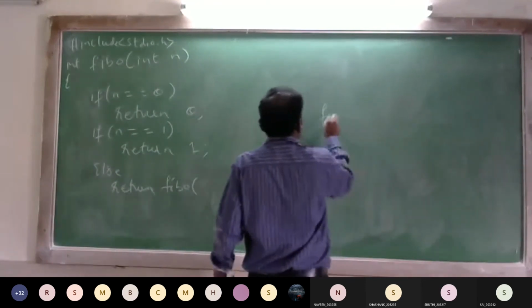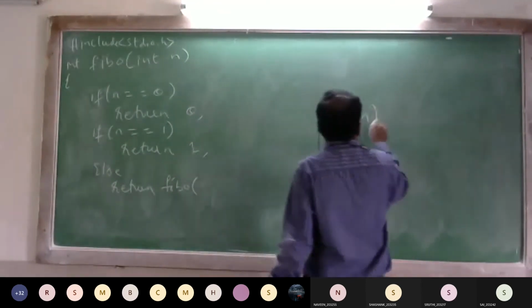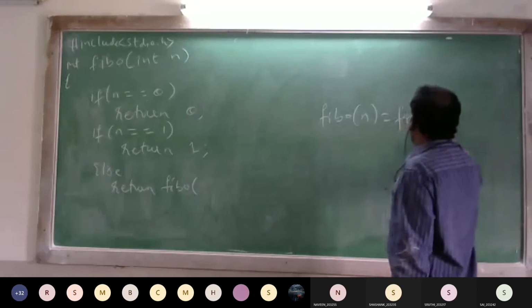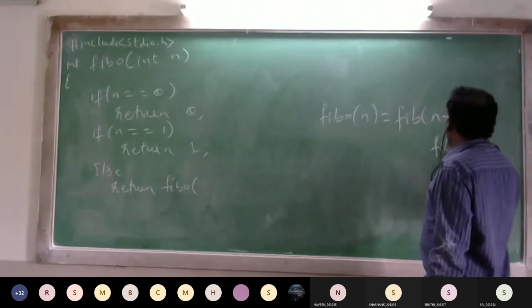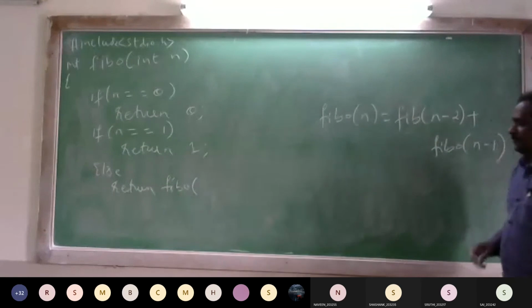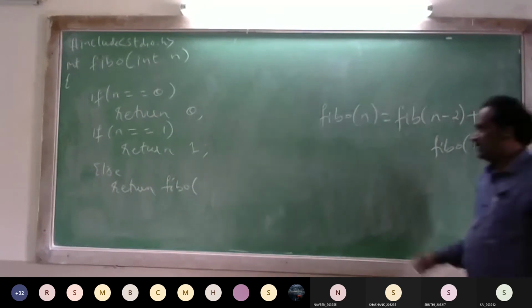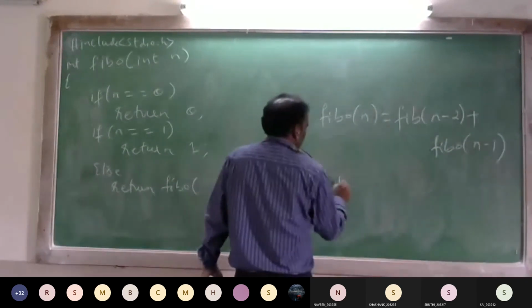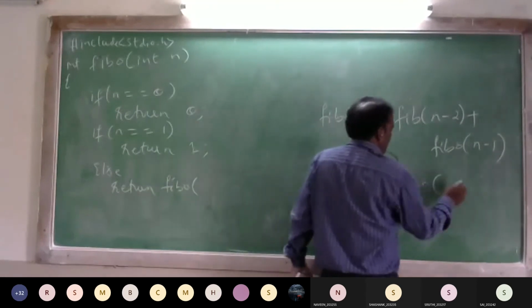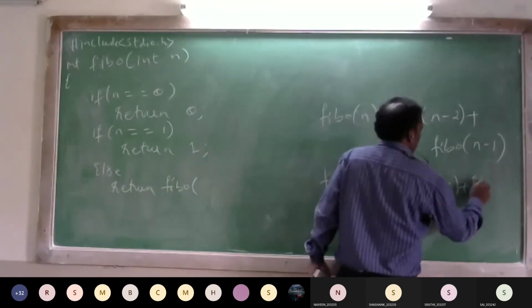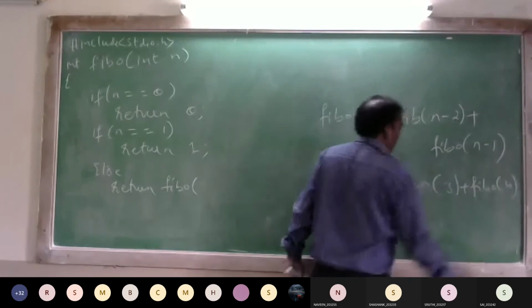Fibonacci of n is equal to Fibonacci of n minus 2 plus Fibonacci of n minus 1. For example, Fibonacci of 5 is equal to Fibonacci of 3 plus Fibonacci of 4.